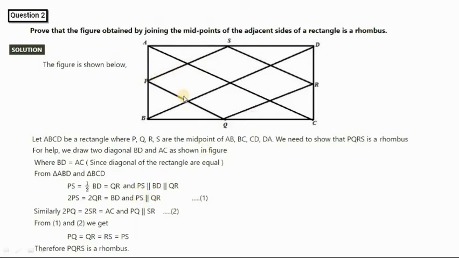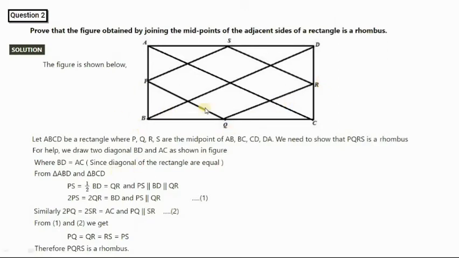See, my aim is to show that PQRS is a rhombus. What I have shown here is that this and this are parallel, and we know that opposite pairs of lines are parallel in case of a rhombus. So we have successfully shown that PS and QR are parallel to each other.